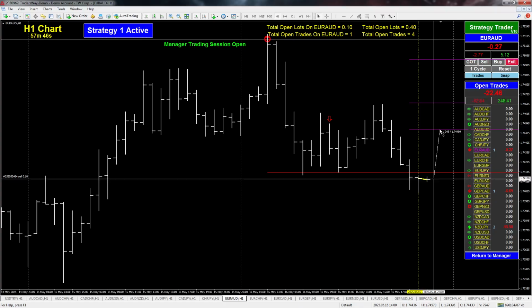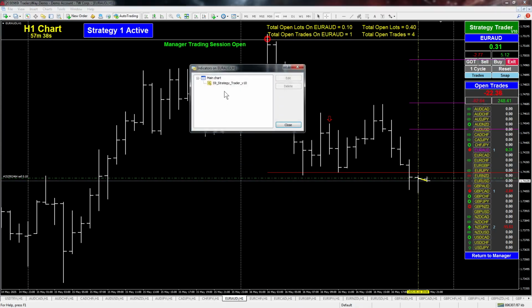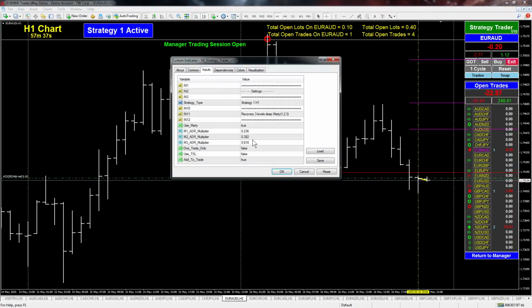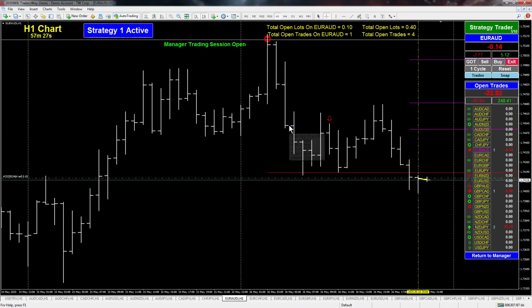Looks like about 34. So apparently 34 pips must be close to 0.236 of that average daily range. So those are how those are all figured.